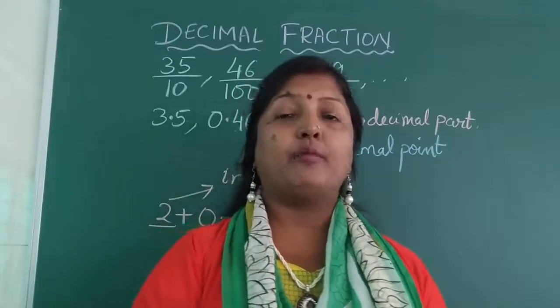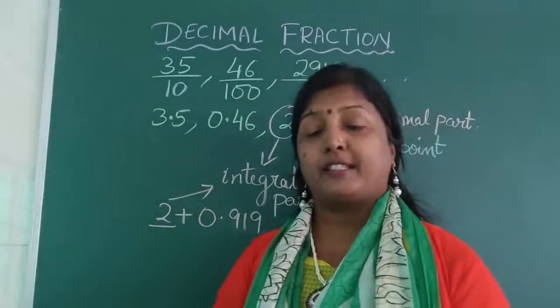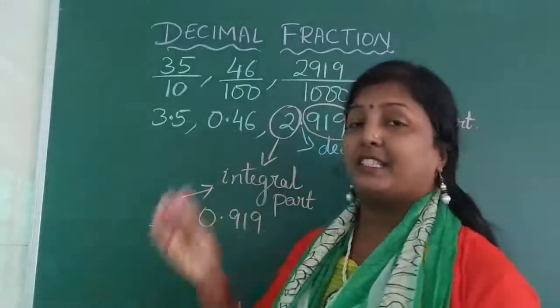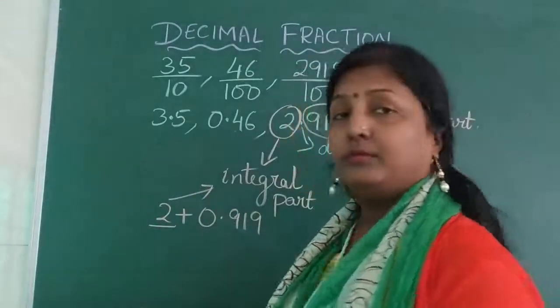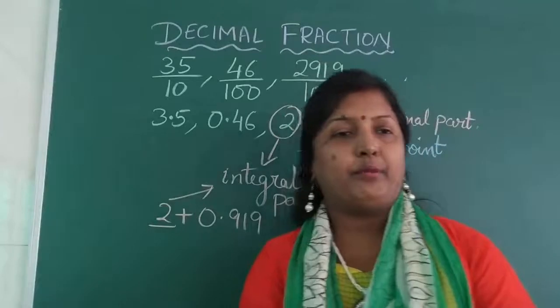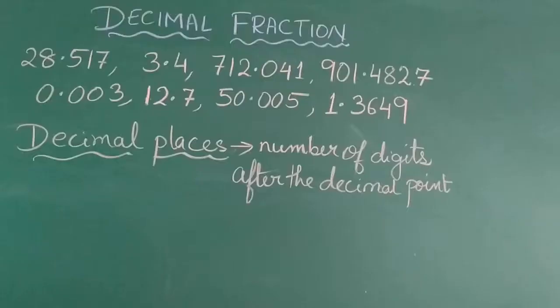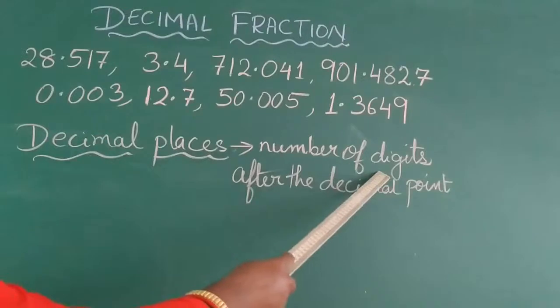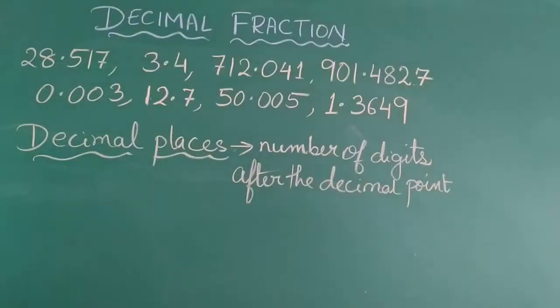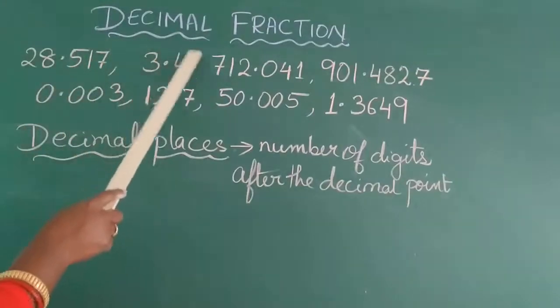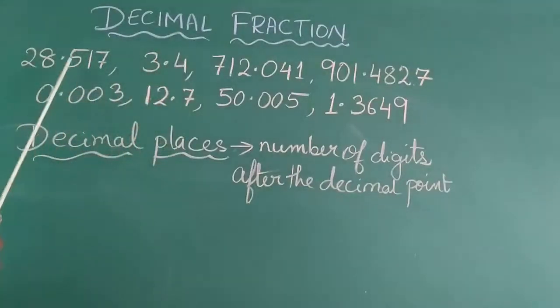Let's go ahead about talking about decimal places. So next we will be talking about what are decimal places. As you can see here, decimal places are number of digits after the decimal point. So you are going to look at the decimal fraction and find out how many digits are there after the decimal point.